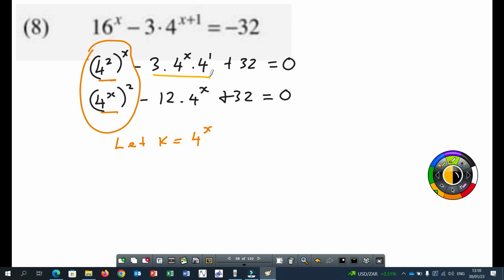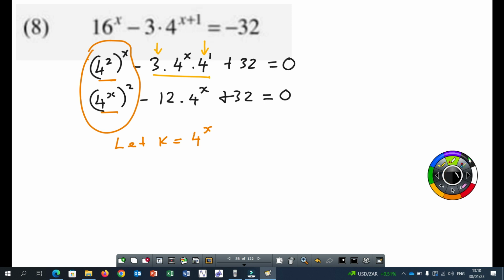What that means is this 3 here and that 4 can multiply each other because they are like terms. They are not exponential terms. So they can multiply. So 3 times 4 will give you 12. The 4 to the power of x is an exponential term, so you can't multiply 3 and this 4 here and that 4. You can't do that. Are you following that?